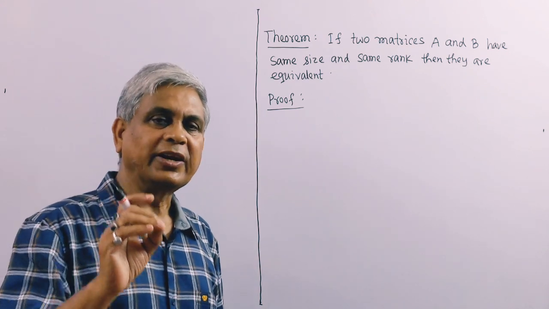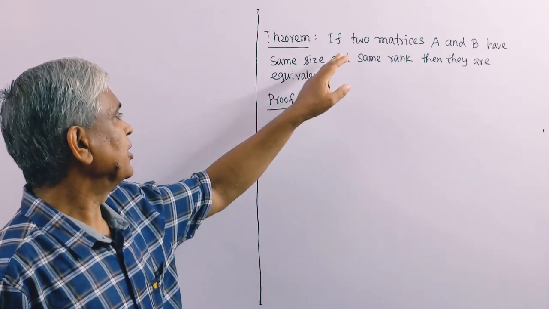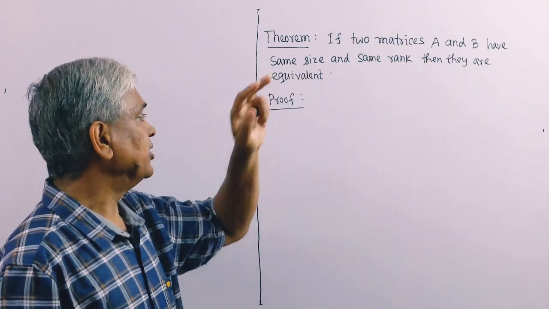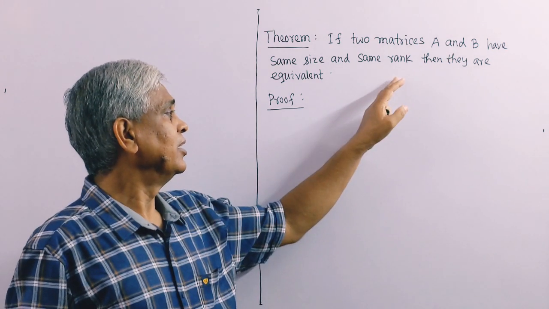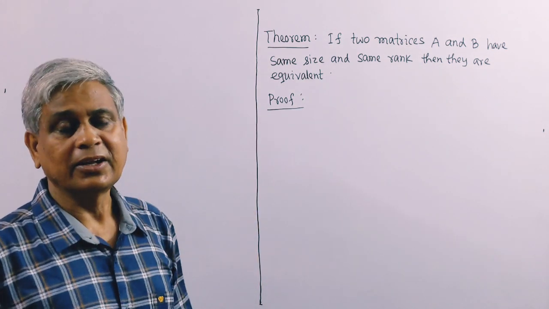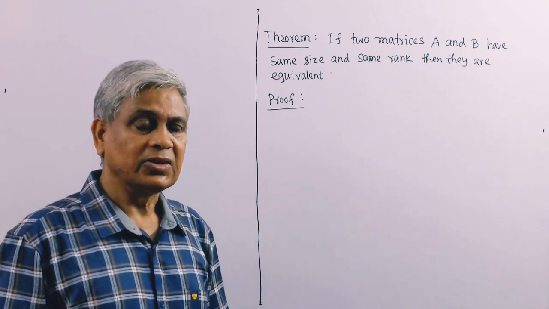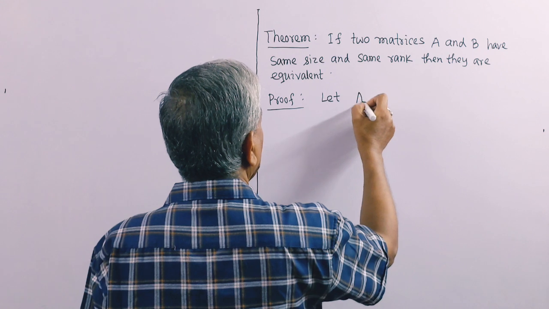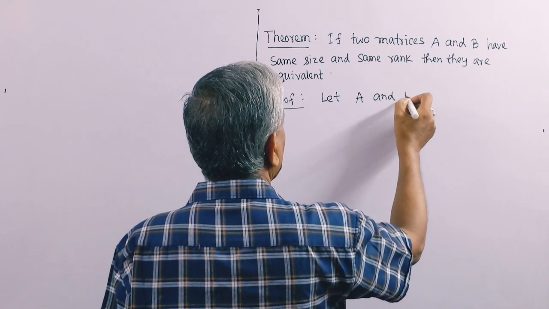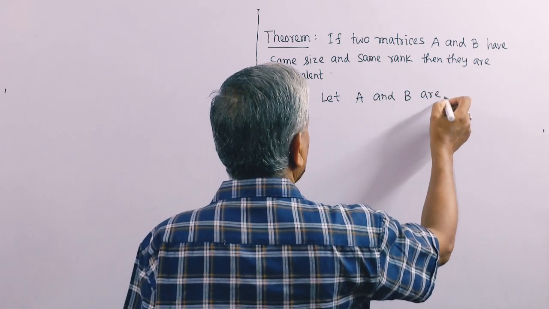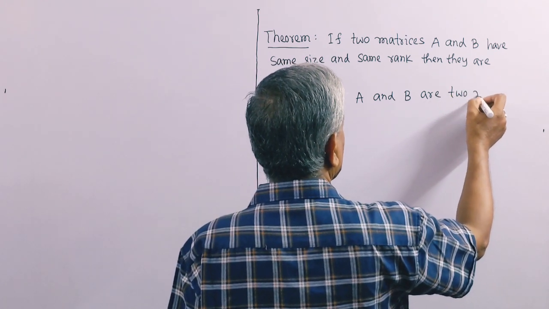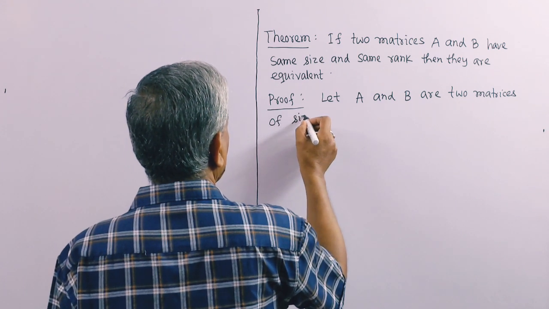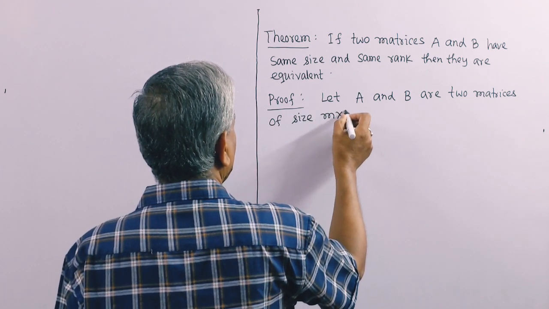Now we prove the next theorem. The next theorem is: if two matrices A and B have the same size and the same rank, then they are equivalent. Now we prove this. Let A and B be two matrices of size m by n.